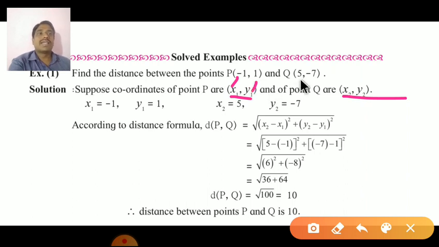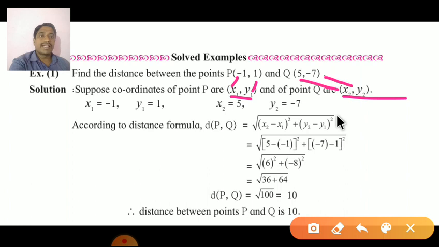Similarly, x2 is 5 and y2 is minus 7. Now put the values: x1 is minus 1, y1 is 1, x2 is 5, y2 is minus 7.